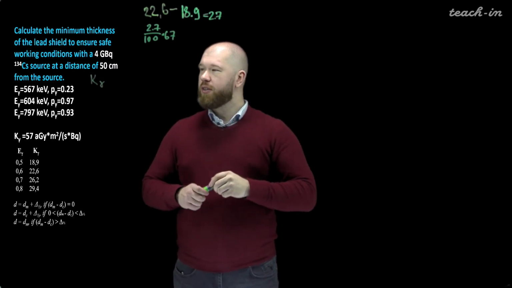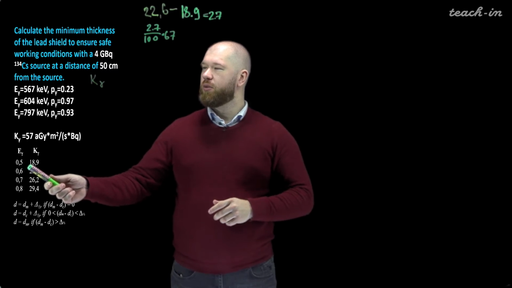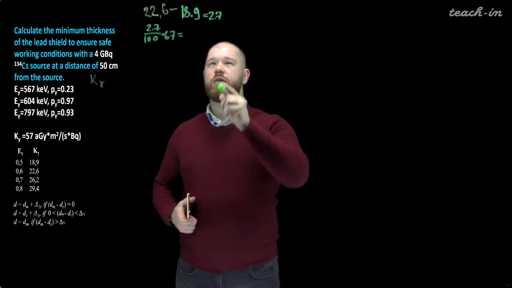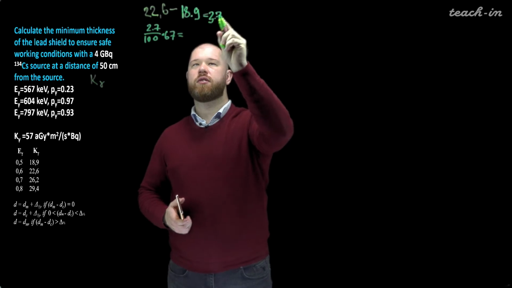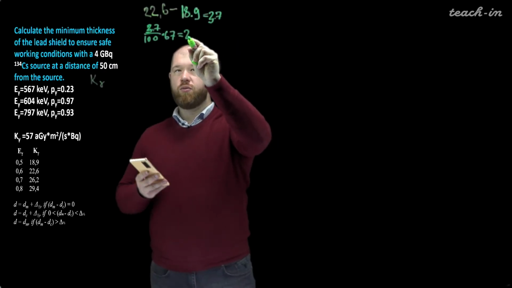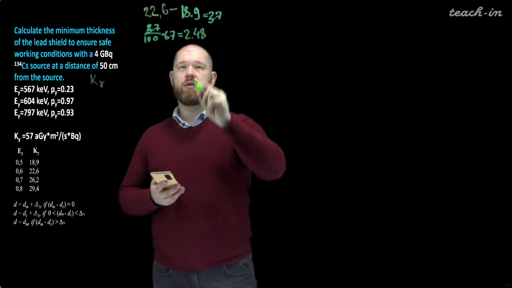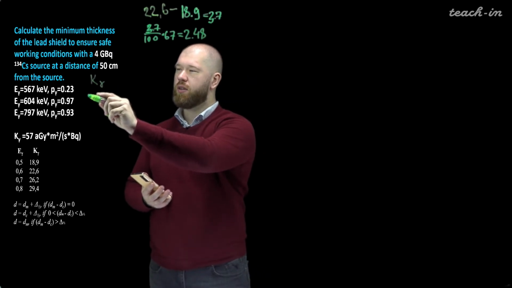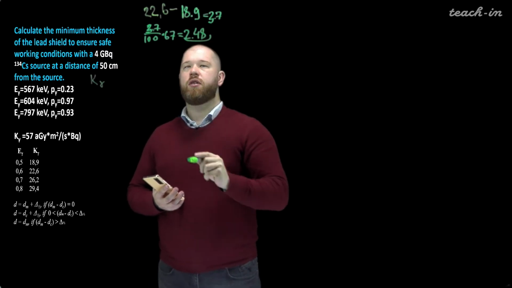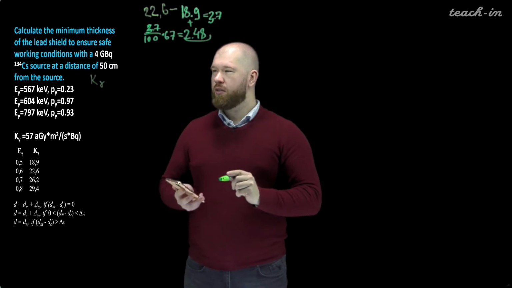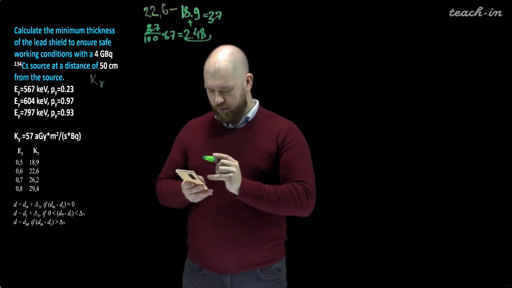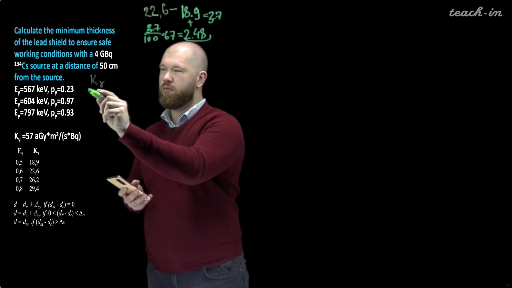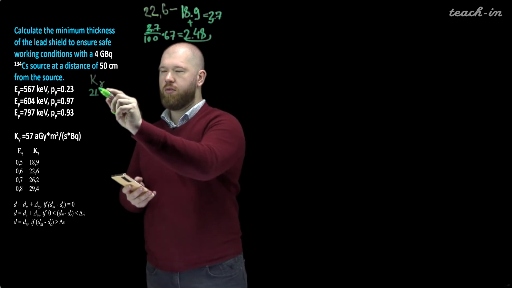It will be the difference between 500 kiloelectron volts and 567, and it will be equal to 2.48, and thus our gamma constant for this energy will be 2.48 plus 18.9, so it will be 21.38.